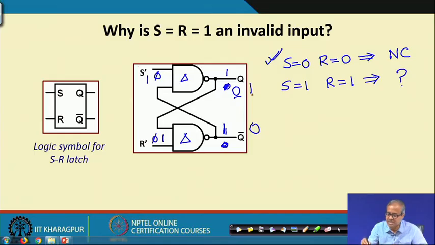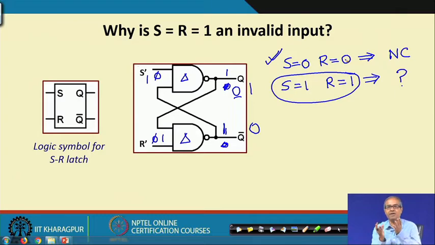So, the confusion is after applying S 1 R 1, if we apply S 0 R 0, you cannot definitely say whether the output will become 0 or 1, it will depend on the relative speeds of the two gates. This is a phenomenon which is called race condition. Okay.